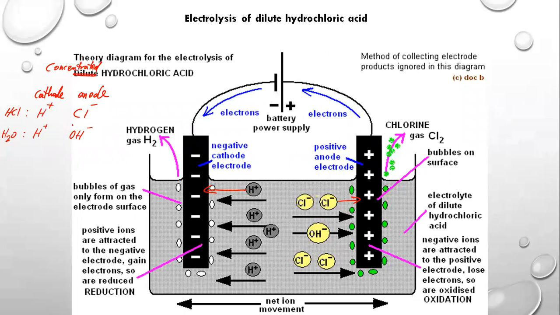So you've got 3 ions present in this electrolyte. You've got 2 negatively charged ions, or 2 anions, as we call the negatively charged ions: chloride ion and the hydroxide ion. Now, which of them will be the product at the anode? They're both attracted to the anode, but only one of them will be the product at the anode.